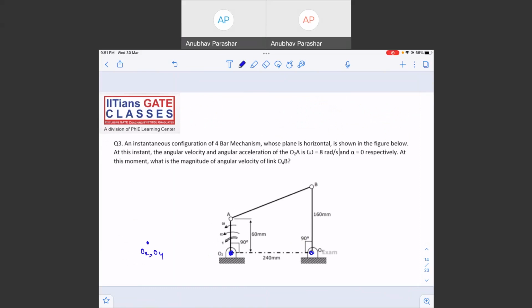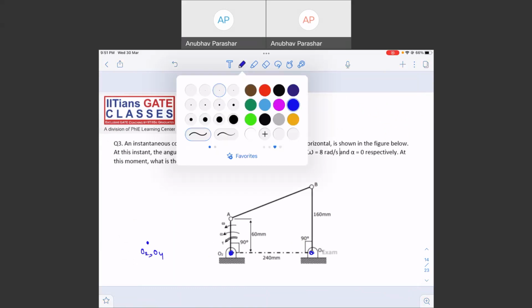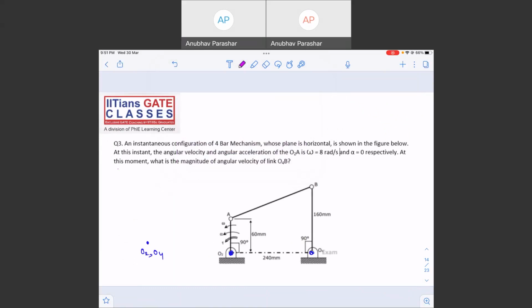So all will coincide, because what we are trying to draw here is a velocity diagram.